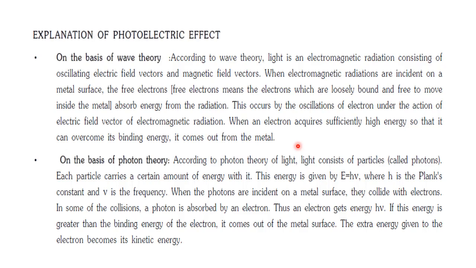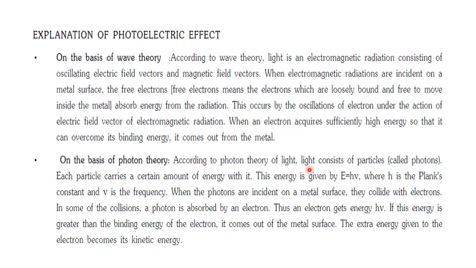So this was the theory based on waves, when light was considered as a wave. But later on, this theory was found to have some defects. All the observations or results could not be explained by this wave theory. Later on, Planck and Einstein explained this considering that light is a particle, which is named a photon.